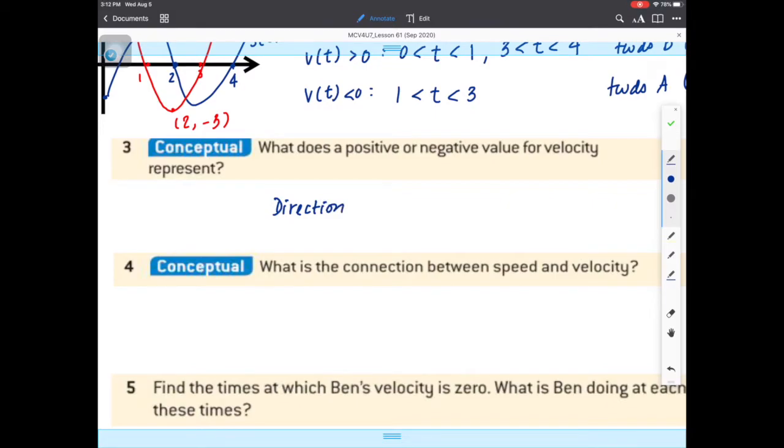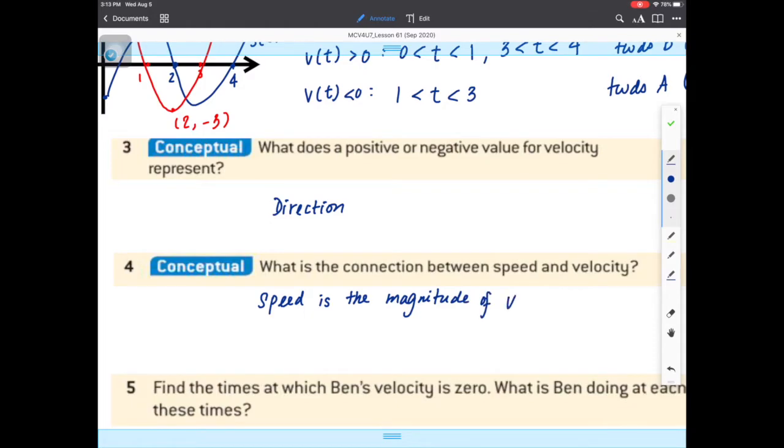And what is the connection between speed and velocity? Now, speed is a scalar quantity, meaning that speed doesn't have any direction, but velocity does. Okay, so now we can say that speed, we're going to use a fancy word, is the magnitude of velocity.